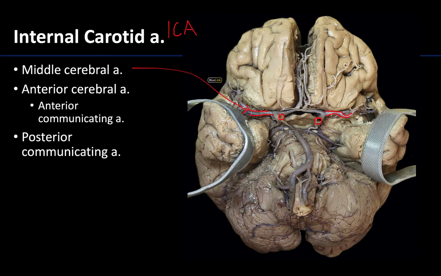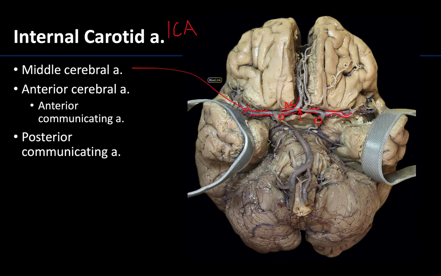The smaller terminal branches, which I'm outlining right now, are the anterior cerebral arteries. And these are going to be connected by this very small anterior communicating artery, which I just drew an arrow to. So you can just see, I'm outlining right there how small this artery actually is.